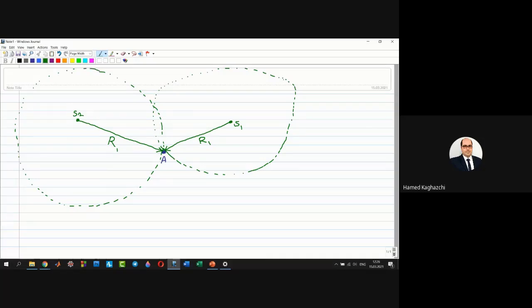Now, as you see here, using two satellites, we can find two intersection nodes. One of these two nodes is our position. But using two satellites, we cannot exactly determine which one of these nodes is our location.